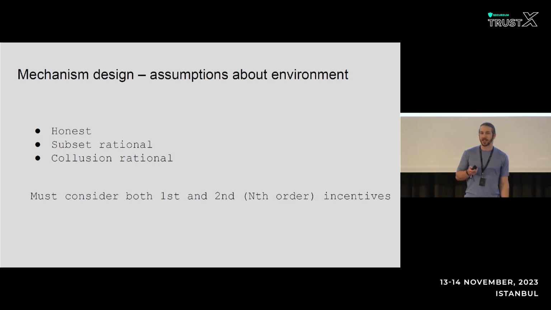A harder way to construct the assumptions about the environment is a subset of actors, to some percentage, will be rational. So say we're willing to say groups of actors up to like 12%, 15% of the network are rational, but they're not colluding across these thresholds.